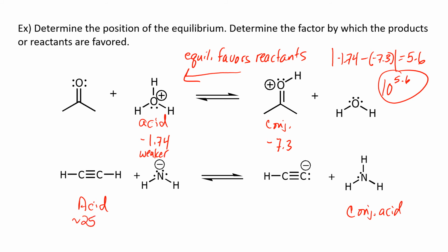And for NH3, our pKa was 38. So this is our weaker acid because it has a higher pKa. Therefore, the equilibrium favors the products.